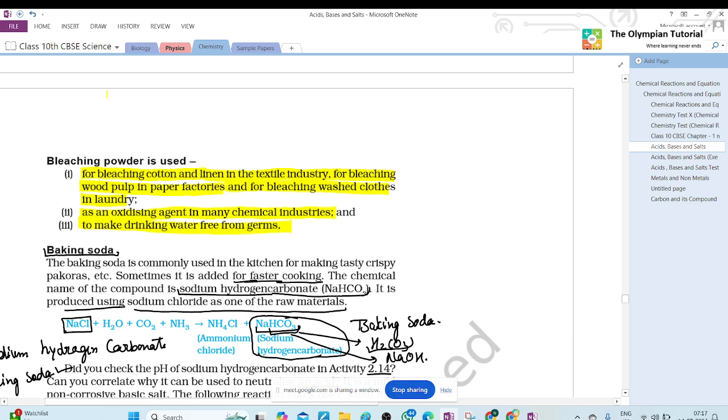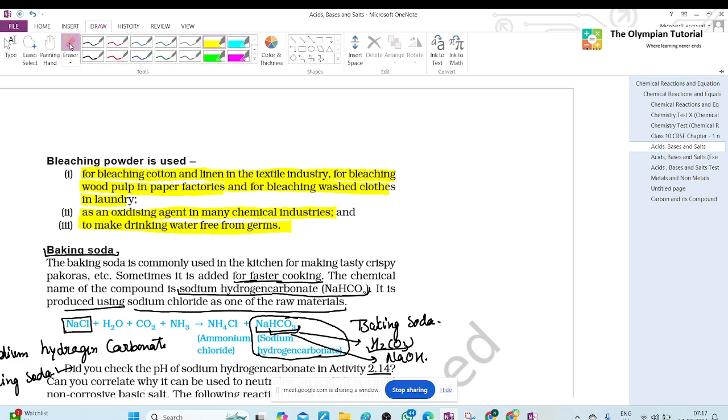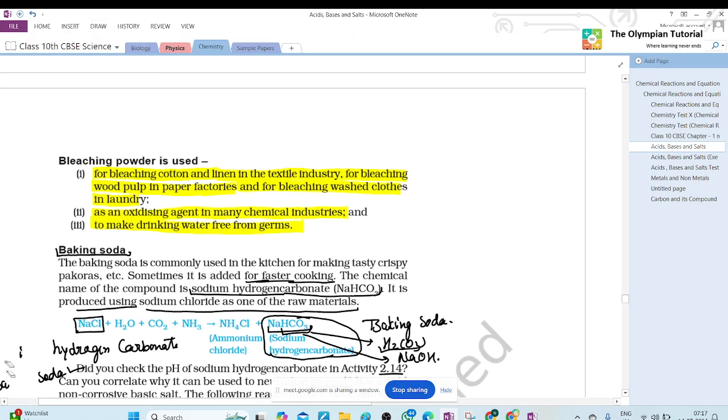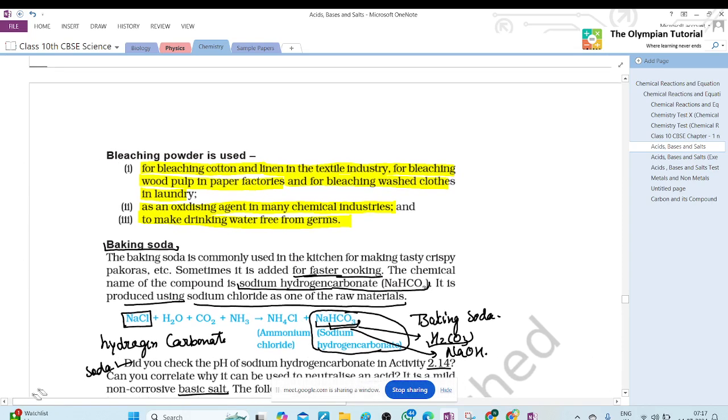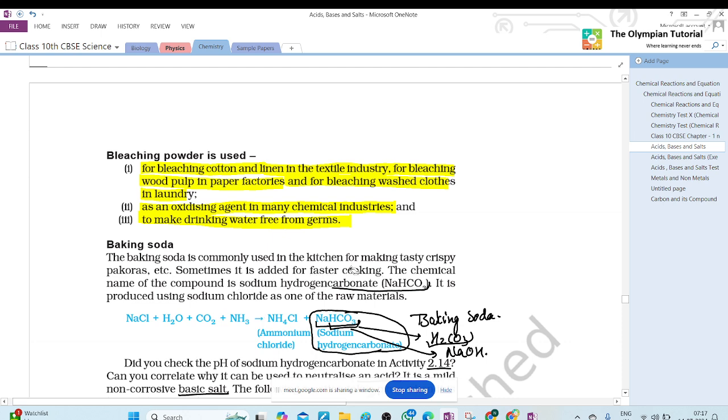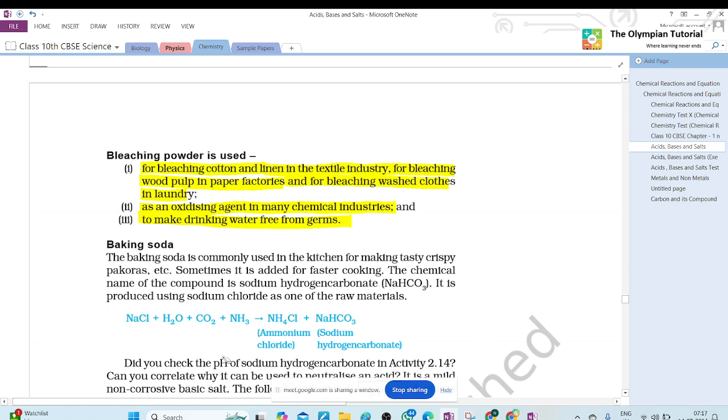Students, can you tell me what are oxidizing agents? Ishan, what are oxidizing agents? Ma'am, which reduce hydrogen ions.